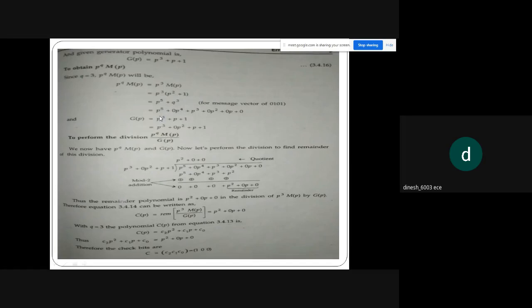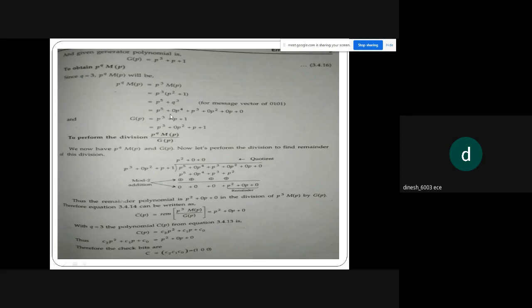Now we can split that in the equation and write in terms of individual bit sequences: p power 0, p power 1, p power 2, p power 3, p power 4, p power 5. Since we have values only for p power 5 and p power 3, the remaining polynomials of the individual bit sequences will be 0.